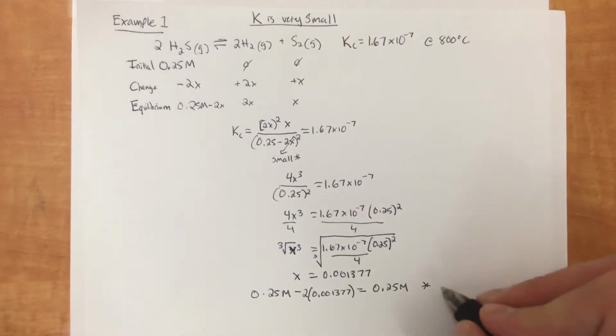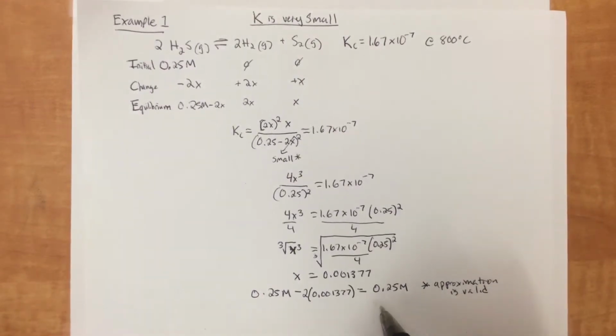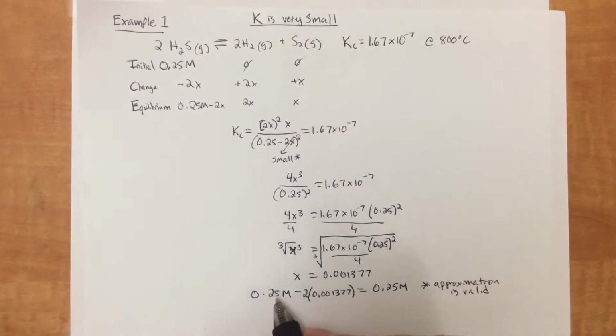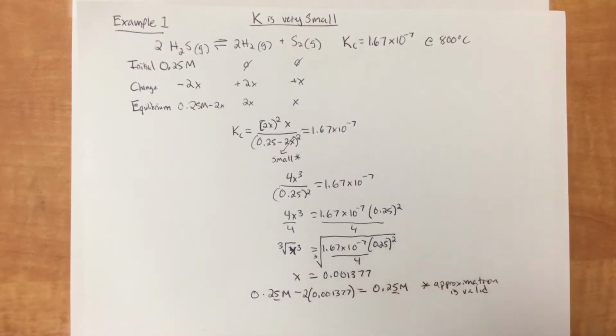Our approximation is valid because within significant digits of our original answer, we still get 0.25 molar.